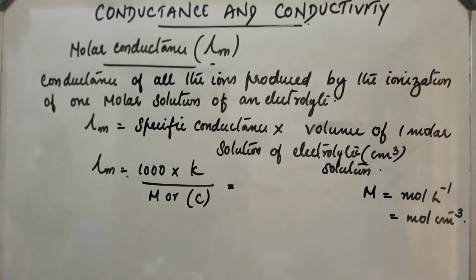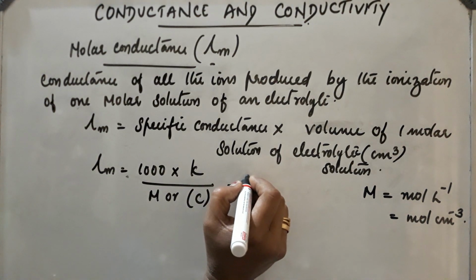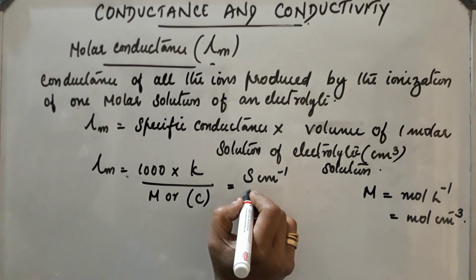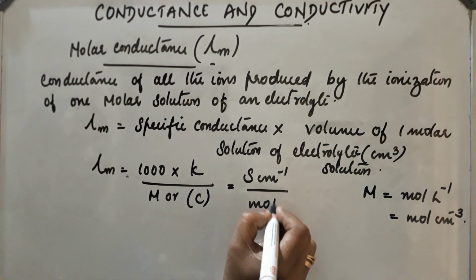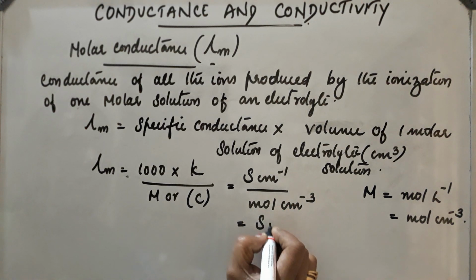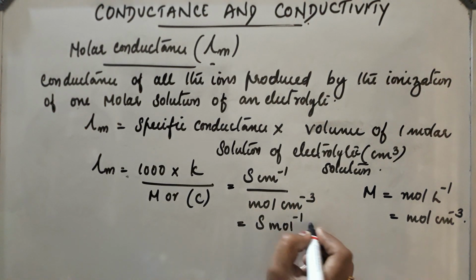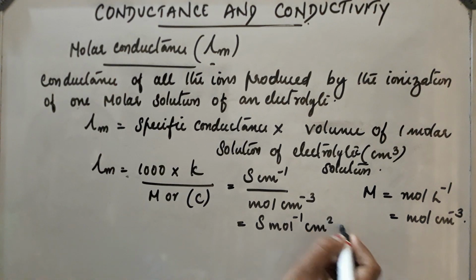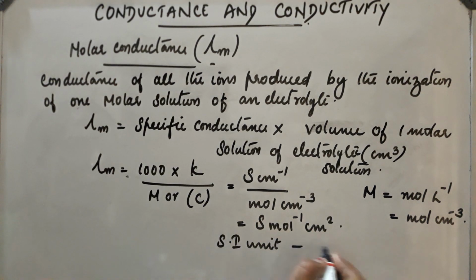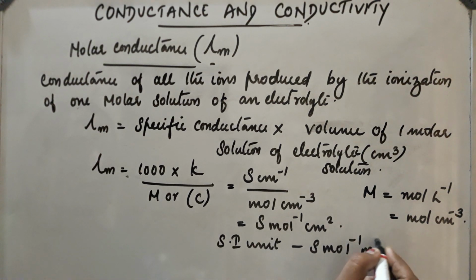Kappa is S centimeter raised to -1, divided by mole centimeter raised to -3. So the unit will be S mole inverse centimeter square. The SI unit will be S mole inverse meter square. This will be the SI unit of molar conductance.